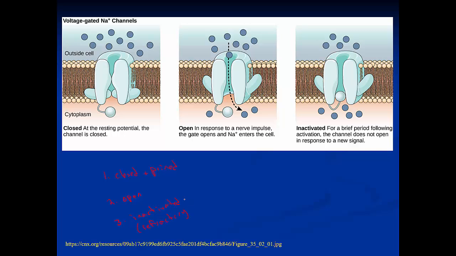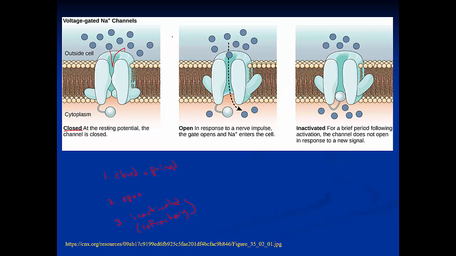We'll talk about the refractory period later, but it's important for you to understand the physical basis. When the cell's at rest, the voltage-gated sodium channels are closed, but they're ready to respond. You can see the shape of the protein is such that these ions can't flow. They're going to bounce back out. Nothing's blocking it, though. Once it opens, we're good.